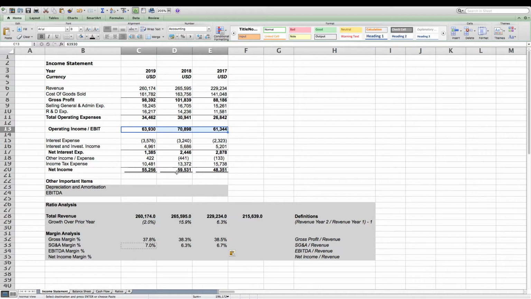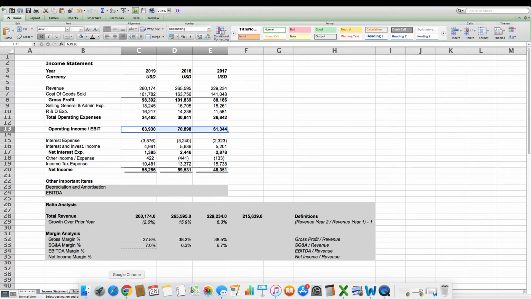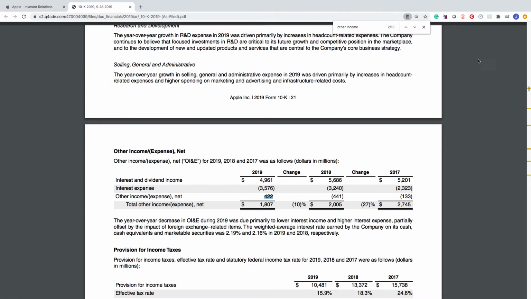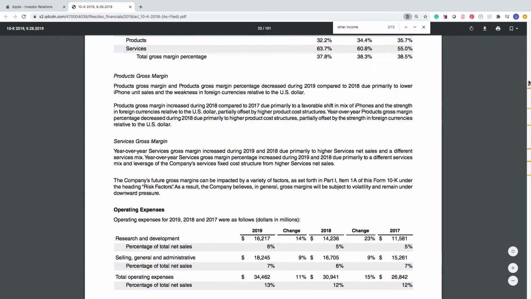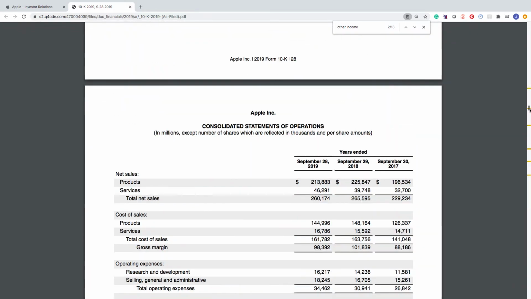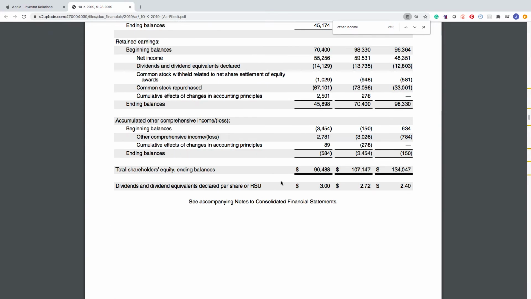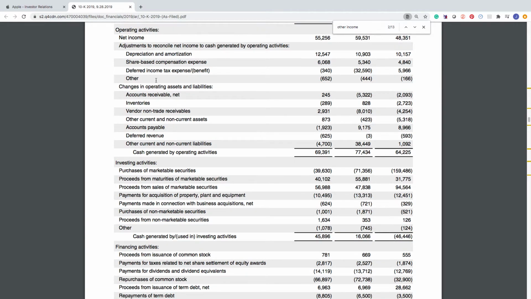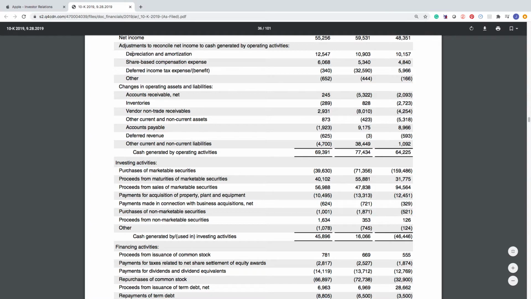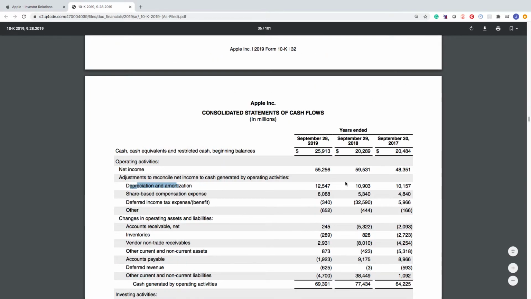But in order to calculate the depreciation and amortization, you will remember that this item is on a company's cash flow statement. So let's quickly have a look at Apple's cash flow statement. Should be on the page right here. There you go. And here we have the depreciation and amortization listed.